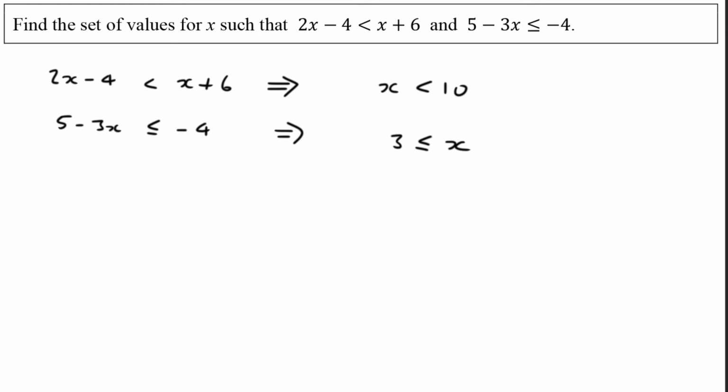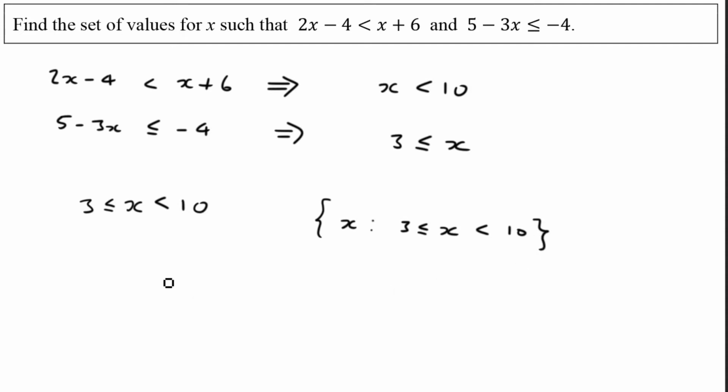So our solution to the question is that we want values of x greater than or equal to 3 and also less than 10. In set notation, we could write values of x such that 3 is less than or equal to x is less than 10, but there is also an alternative.